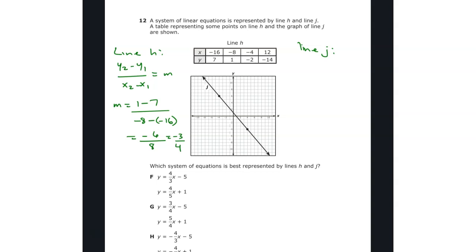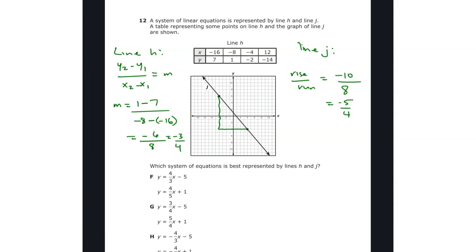Line J. So we're going to go from here, all the way down here. Okay, so rise over run. So this is 6 to negative 4, that's negative 10. And then we're going from negative 4 to 4, that's 8. So this is negative 5 over 4.